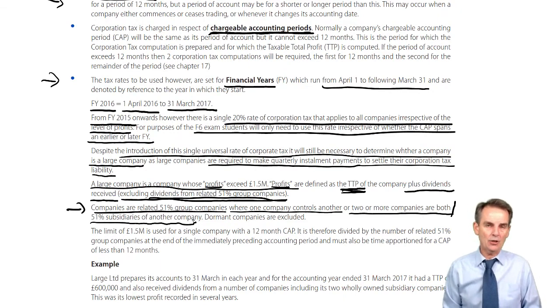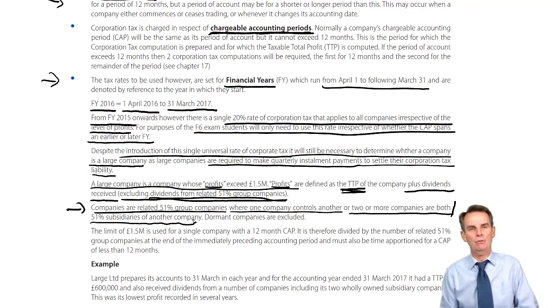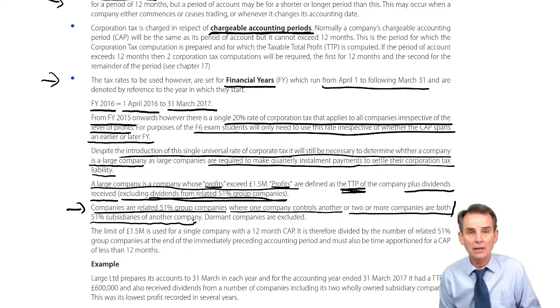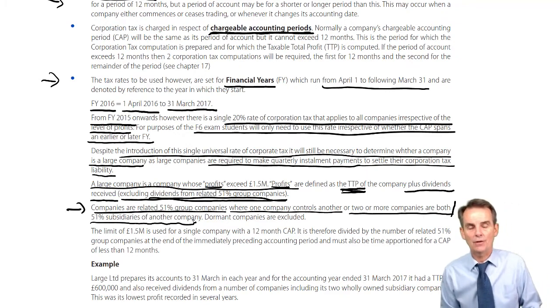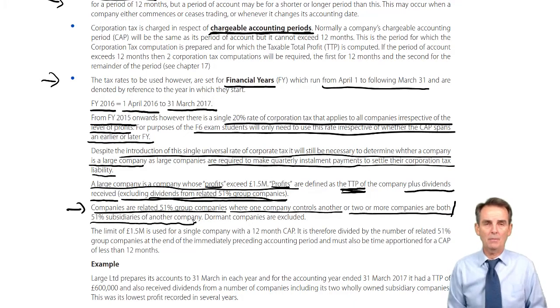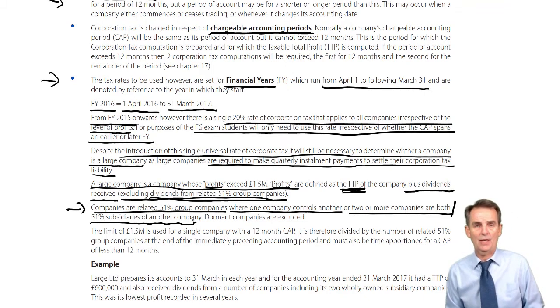If it also had two other related 51% group companies, there were in this group three related 51% group companies, we would then go on to divide that profit limit, now 750,000 for this 6-month period, by the three related 51% group companies. So each company now within the group having such a 6-month period would have not a £500,000 profit limit, 1.5 million divided by 3, but would have a £250,000 profit limit, the 750,000 divided by 3.